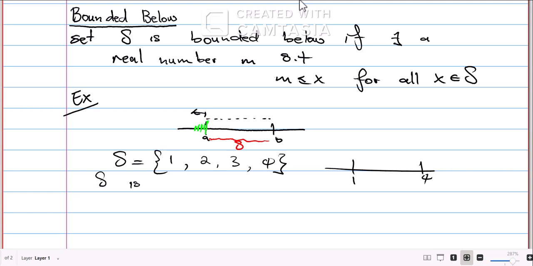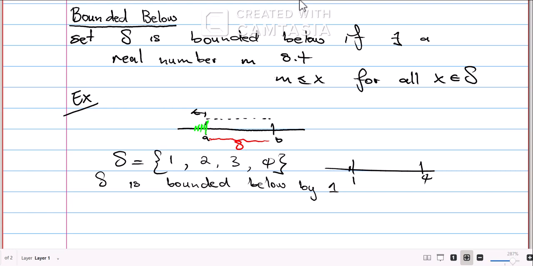S is bounded below by 1. Okay, so we say S is bounded below by 1. We can also say S is bounded by 0.